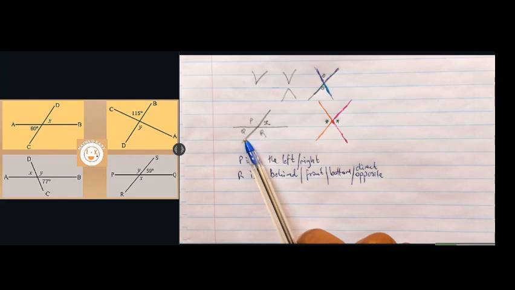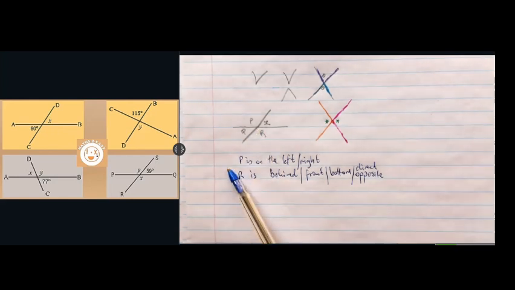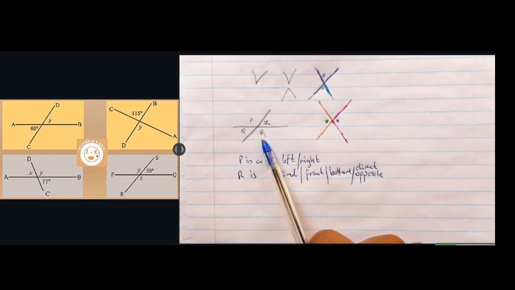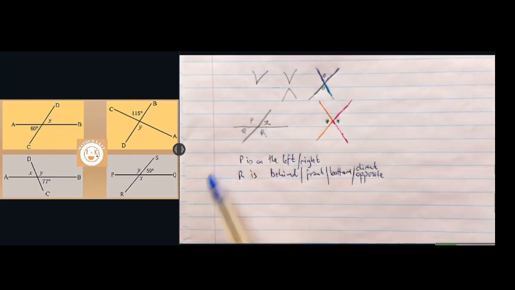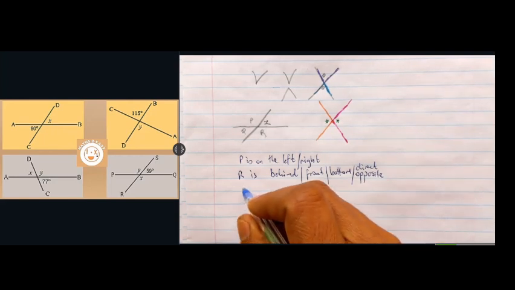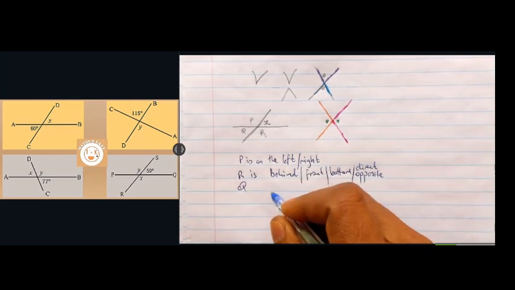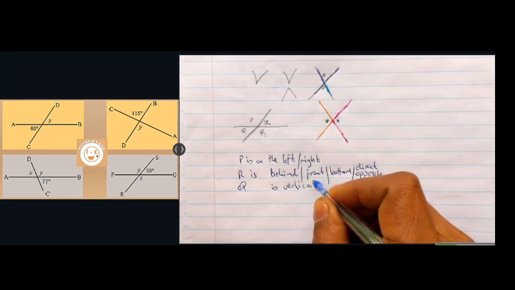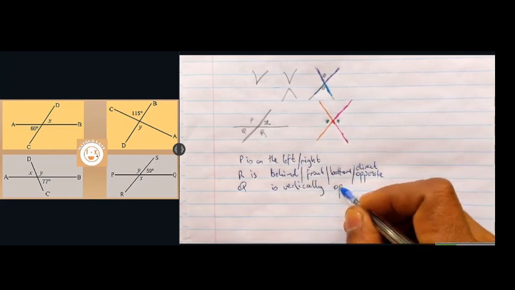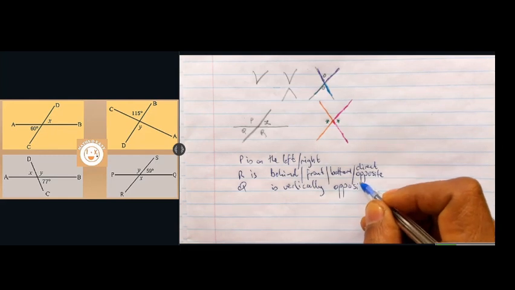Now, this one, it is not next to, it is not in front, it is not in the bottom. So this one is vertically. Okay. So we say vertically opposite for Q. So Q is vertically opposite. Okay. So that is the logic.